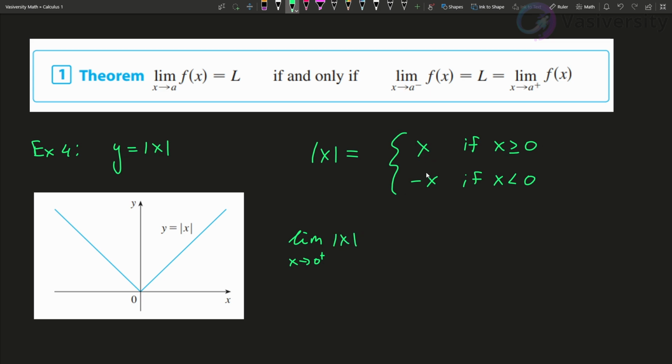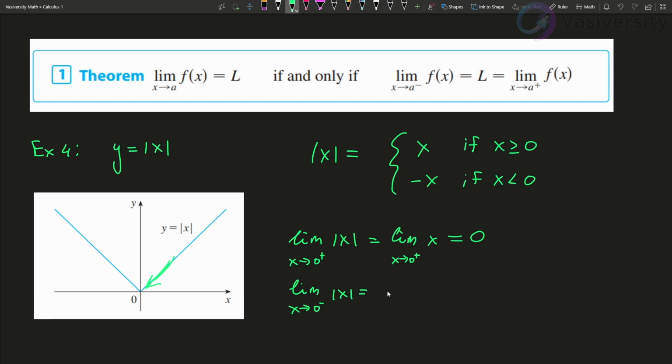So from the right, what do we have on the right side? We have x. It's going to be the limit as x approaches 0 from the right, and that's going to be 0 because we're approaching 0. How about the limit as x approaches 0 from the left of the absolute value of x?